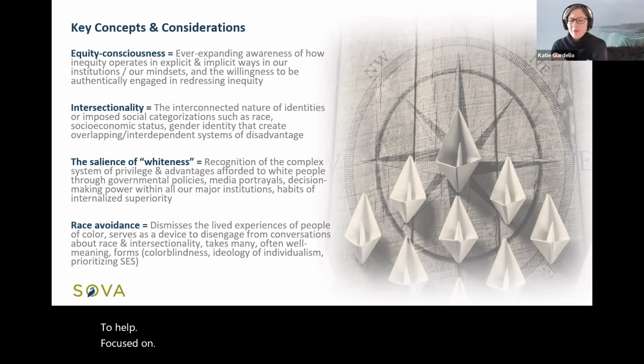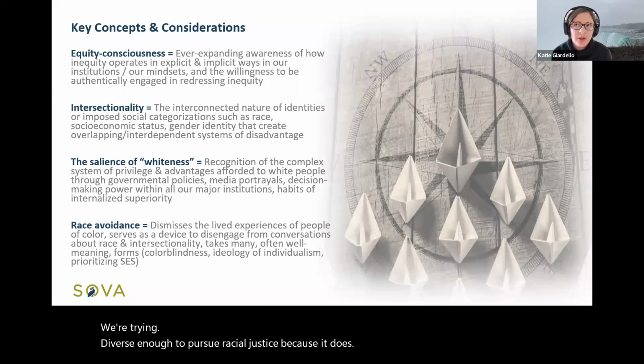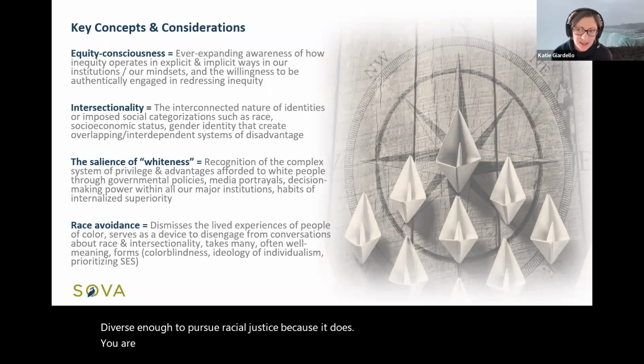And it also goes back to what Sam put in the chat earlier about the need to think about the bigger picture. It frustrates me, my colleagues know this, when some of our colleges use that SES proxy or try to say they aren't racially diverse enough to pursue racial justice because it doesn't fit their context. And I'm like, then you're not looking at the global context here, because that is what we all should be seeking.